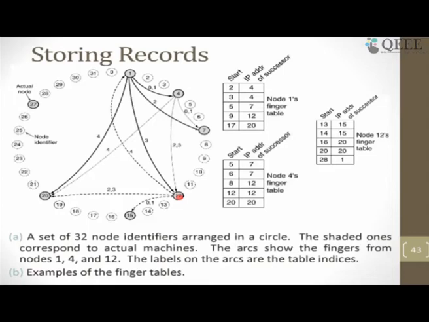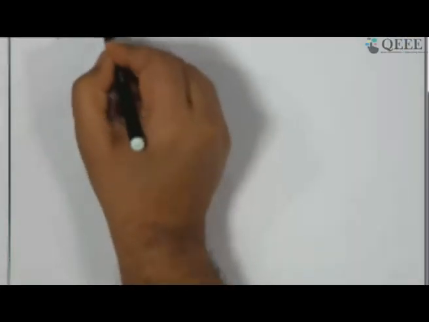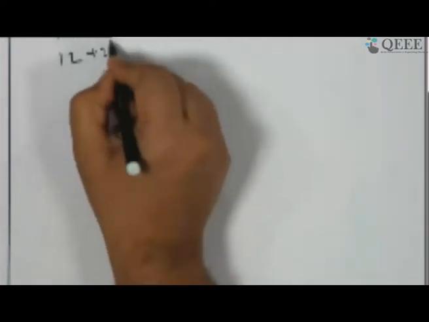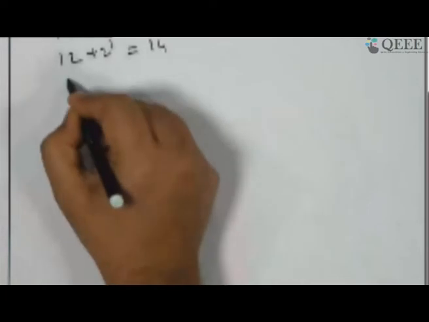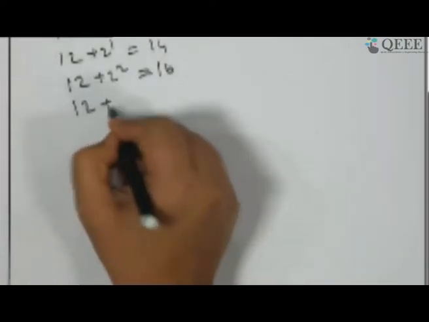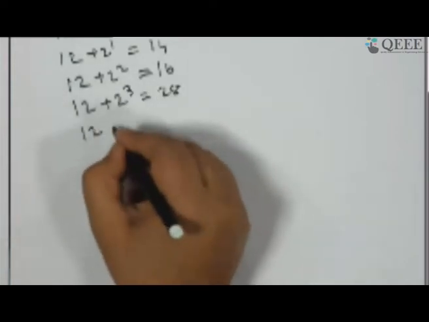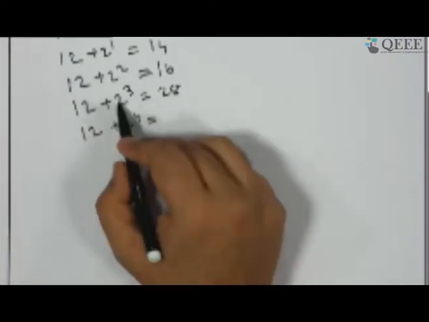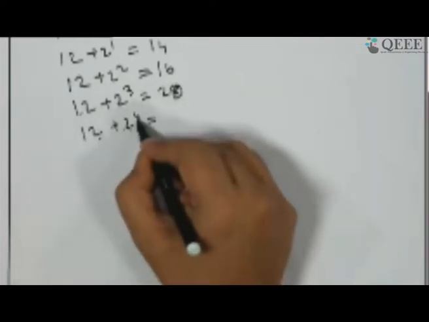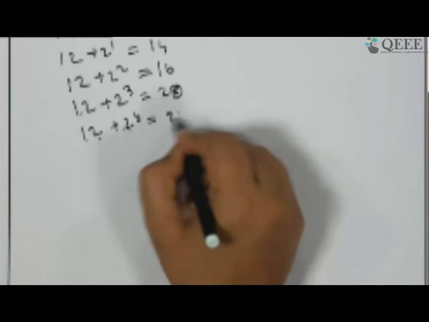12 plus 2 to the power 0 is 13. 12 plus 2 to the power 1 is 14. 12 plus 2 to the power 2 is 16. 12 plus 2 to the power 3 is 20, and this is 12 plus 2 to the power 4 is 28.